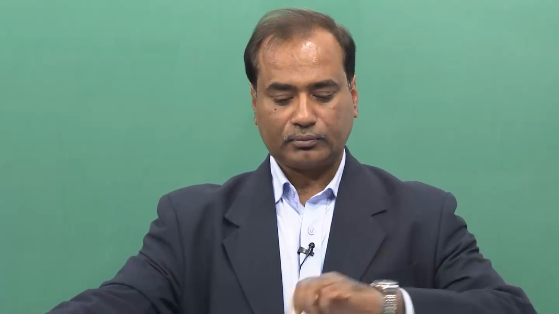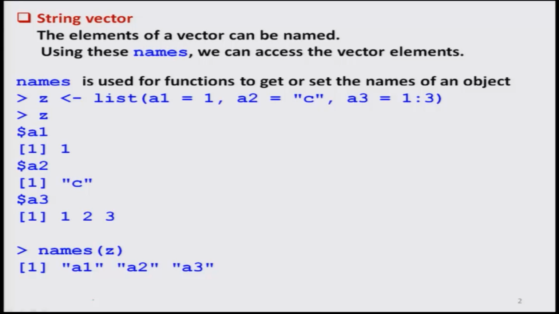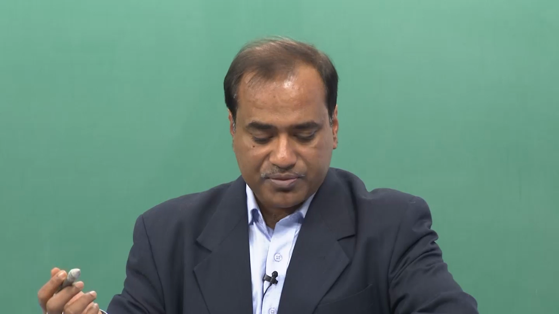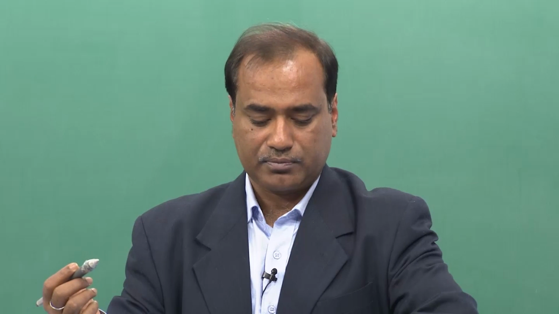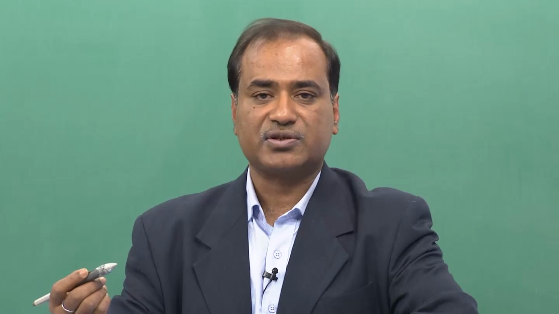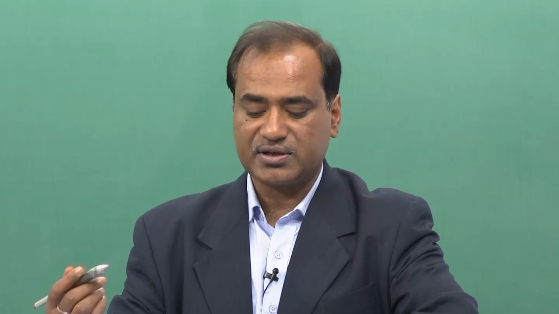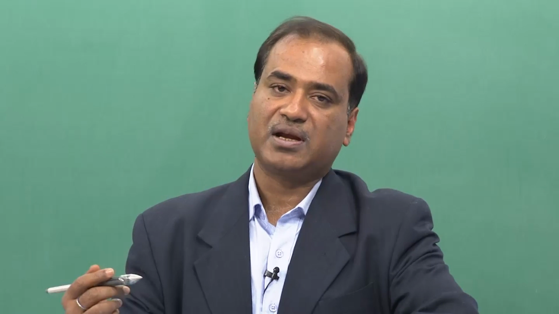So, now here I am trying to deal with a string vector. What is a string vector? A string is something like alphabets, characters. So, now I am trying to play with the index of a vector whose entries are something like alphabets. But now you have to see, I have used a wrong terminology.